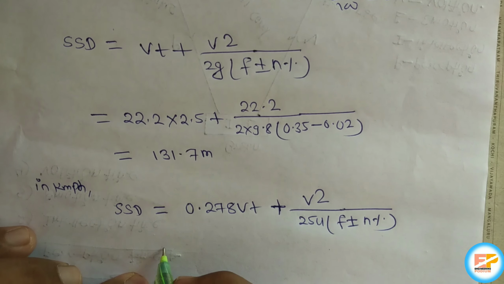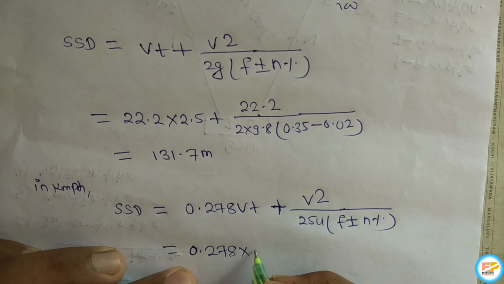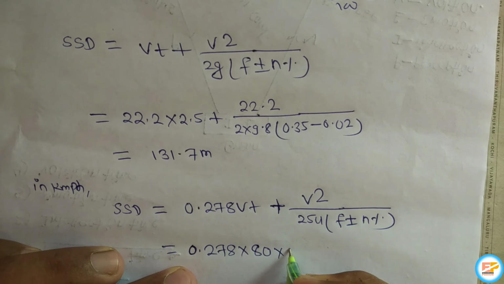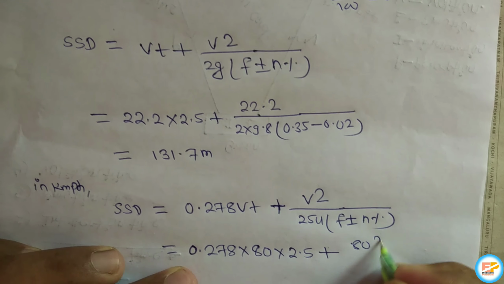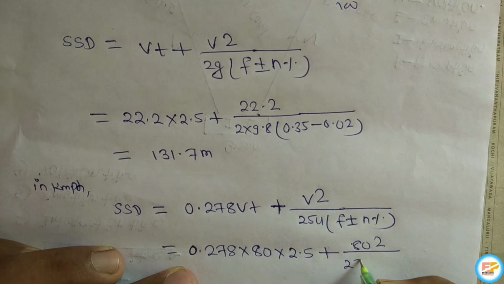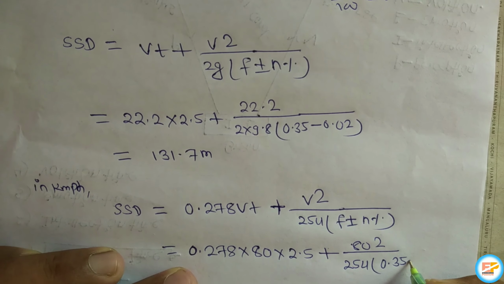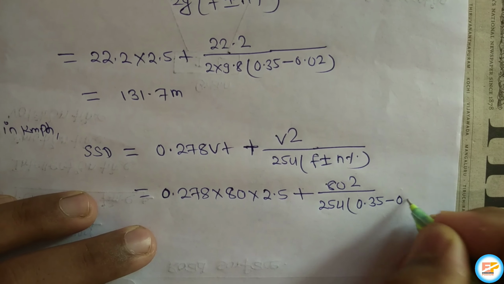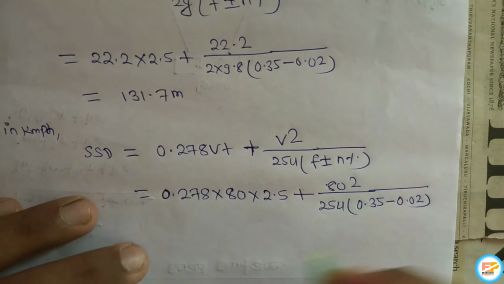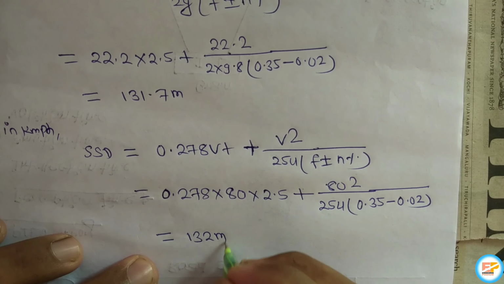Putting all these values in this equation: 0.278 into V, 80, into 2.5 plus V, 80 square, divided by 254 into F, 0.35 minus n, 0.02. So you will get 132 meter.